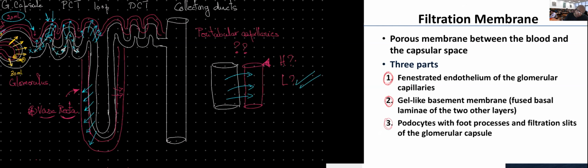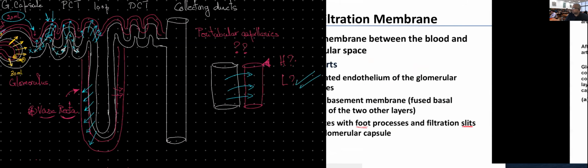And the third layer of the filtration membrane is the podocytes, which have foot processes. And in between those foot-like processes, we've got slits, or filtration slits.